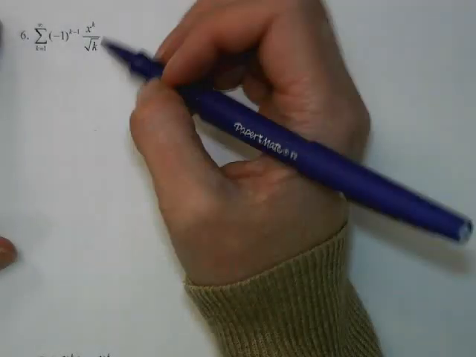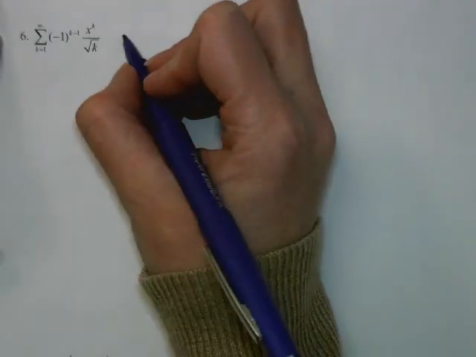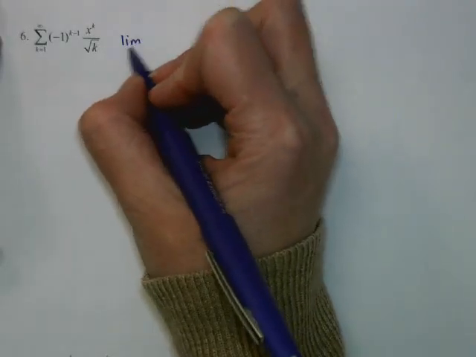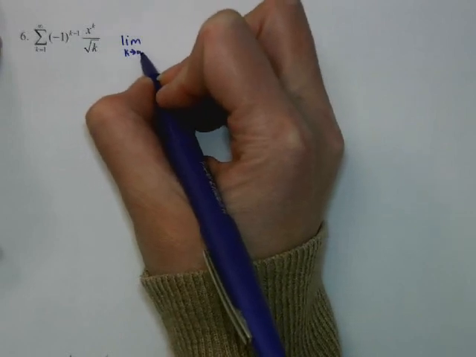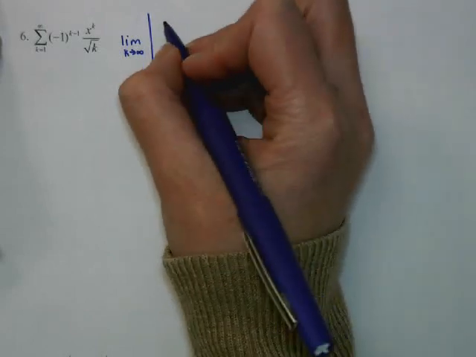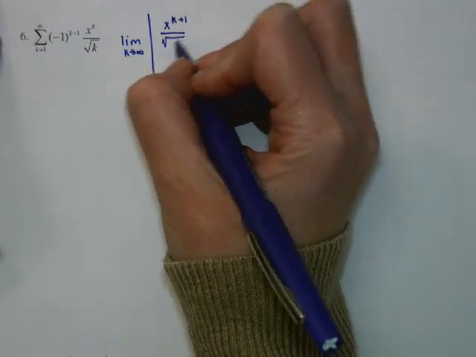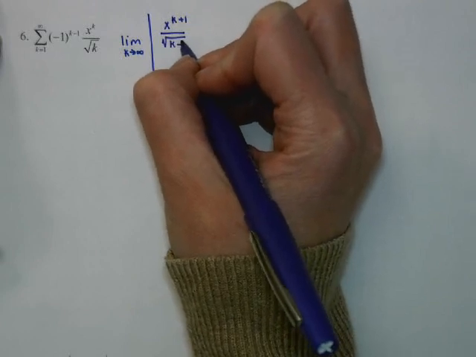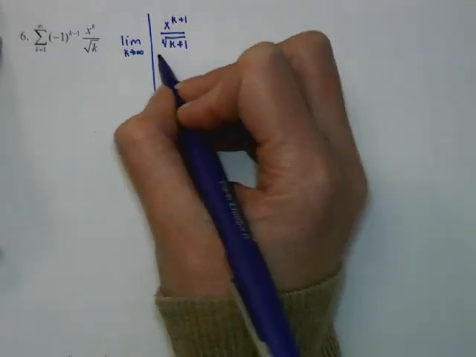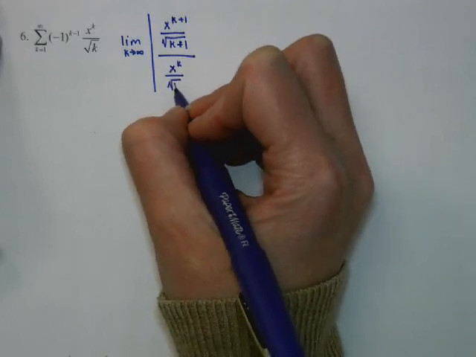So we have x to the k over the square root of k. So we're going to have x to the k plus 1 over the square root of k plus 1 over x to the k times square root of k.